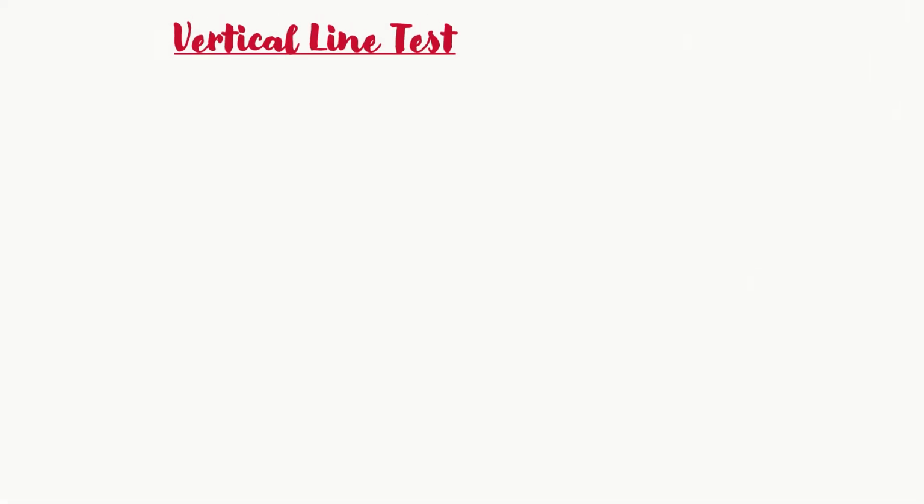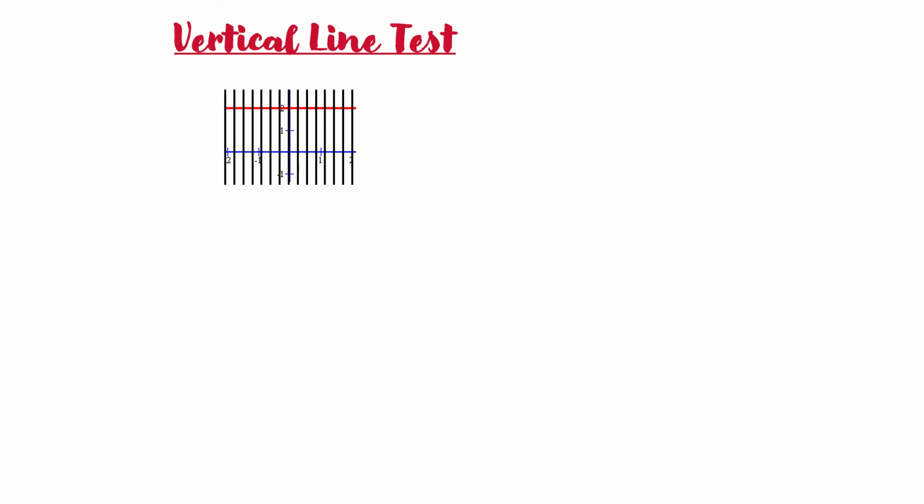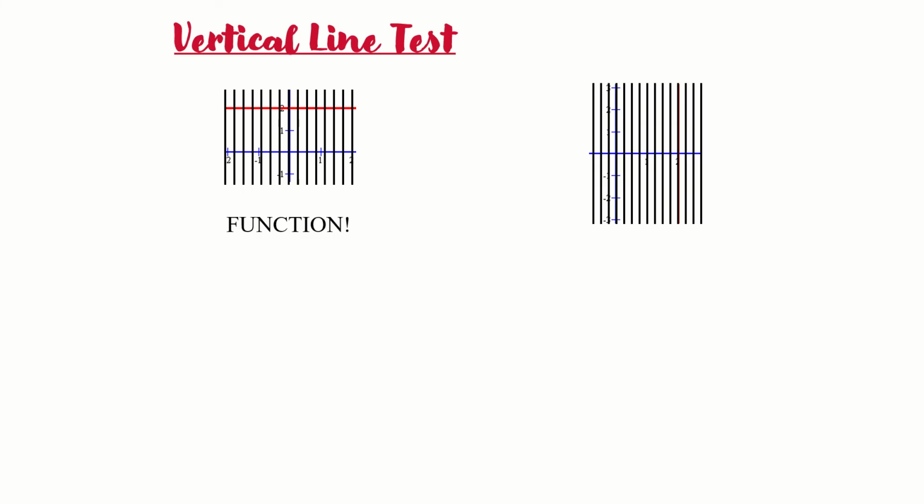More examples. If you draw a vertical line, any vertical line would be crossing this graph at exactly one point. So it's also a function. What about this one? The vertical line is crossing this graph at more than one point, basically crossing the graph at infinite points, so it is not a function. What about this one?